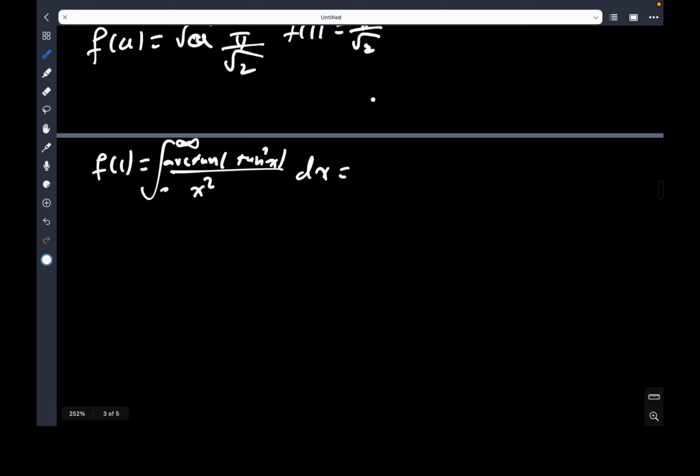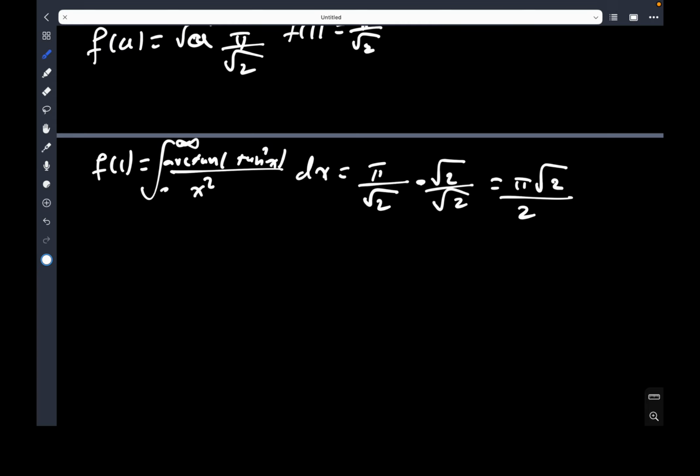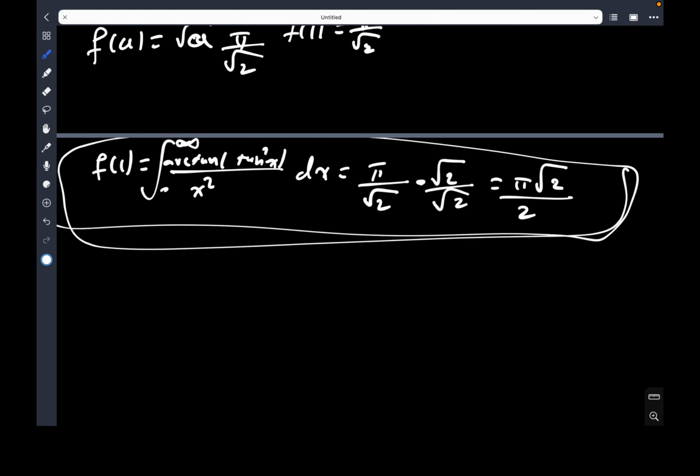And the integral here has an exact value of pi over root 2. If I rationalize it, it's going to be pi root 2 over 2. So this is the form and exact value of the integral that I have here.